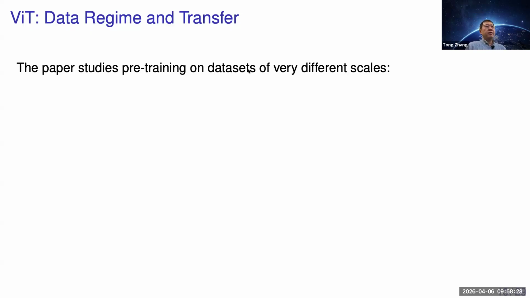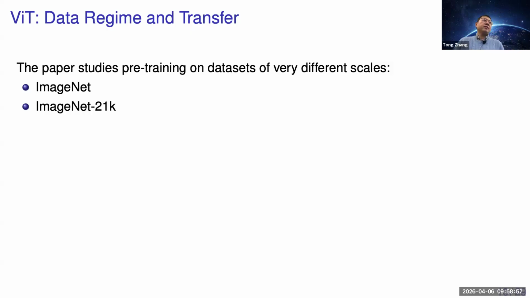They study pre-training on datasets of different scales. ImageNet at the beginning, right, was considered very large, 1 million, right? When we started doing this GPU training, all this, but at the time of ViT, which is already 10 years later, this is a smaller scale. So they have much larger scale images.